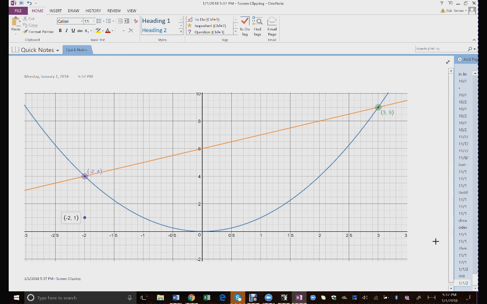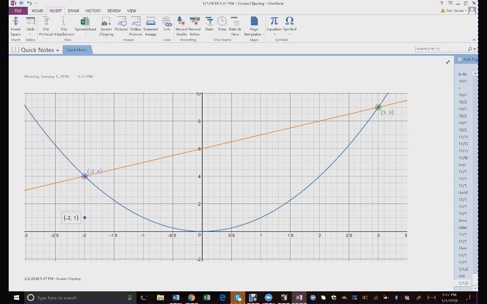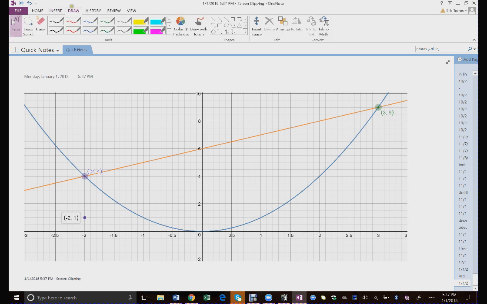So average rate of change, again, is going to be defined by a few things. This distance, which we call h, and this, which is going to be our y2 minus y1.